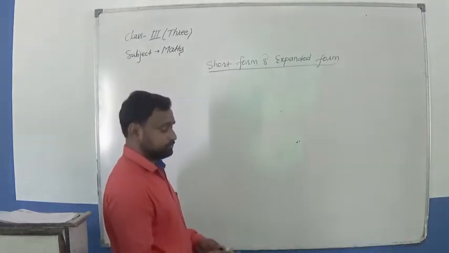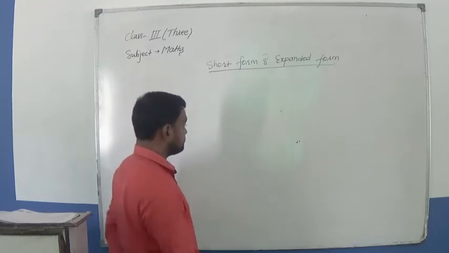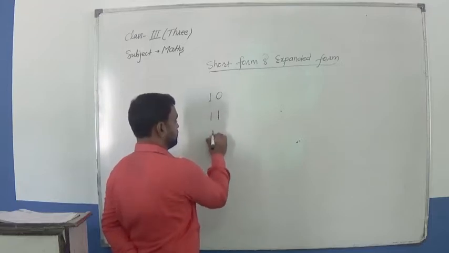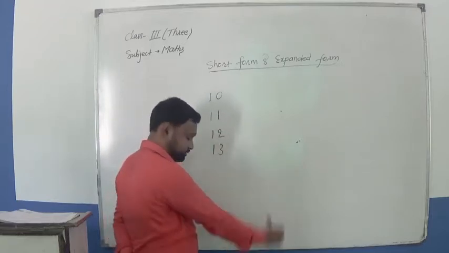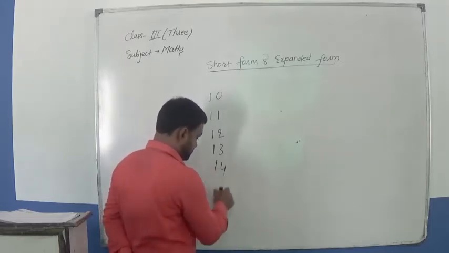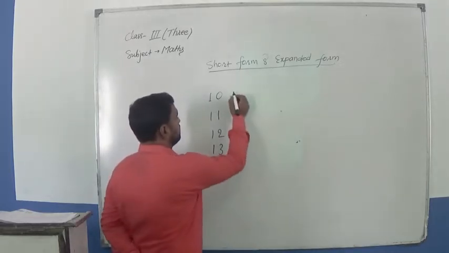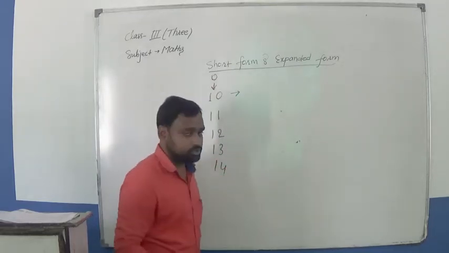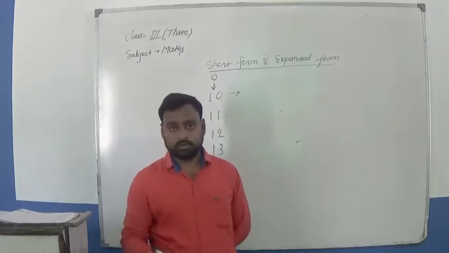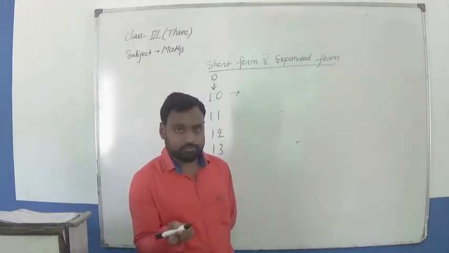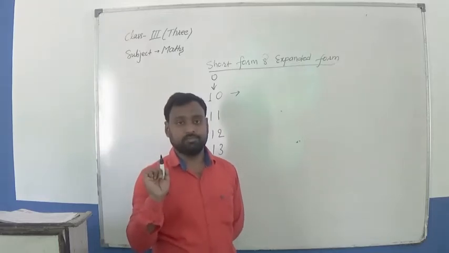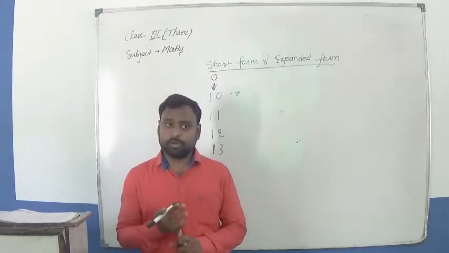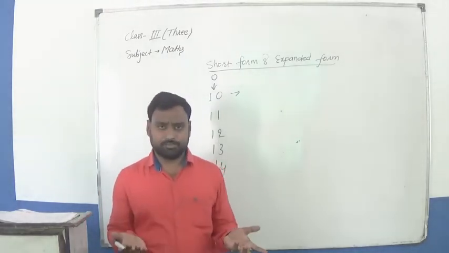In short form, we write like this: 10, 11, 12, 13, 14. For numbers from 0 to 10, both short form and expanded form will be the same.